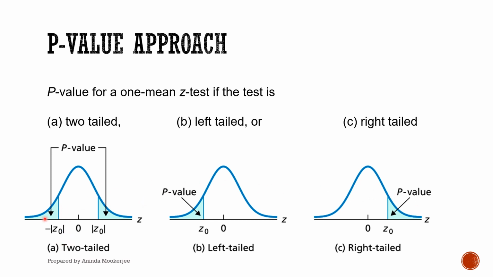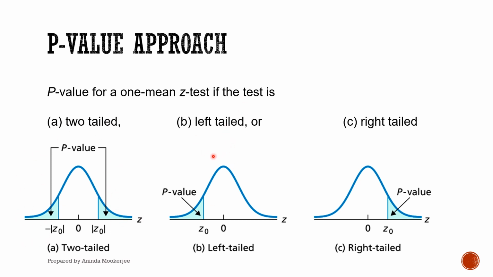Instead, you will have areas, and the areas on the extreme ends will represent the p-values. For the two-tailed test, the p-value will be on both sides. Your test statistic, negative z sub 0 and positive z sub 0, is the value obtained from your sample study. So the p-value is the sum of these two shaded regions.